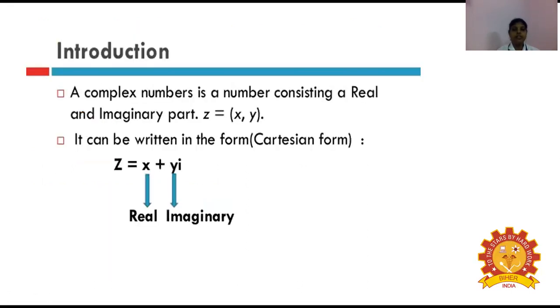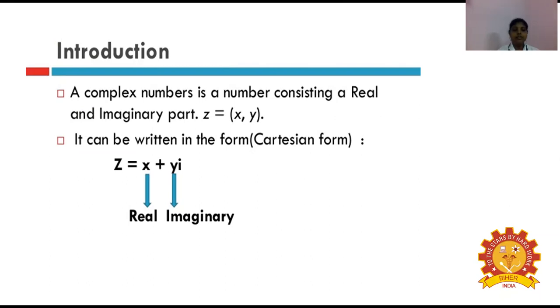First, we see introduction of complex numbers. A complex number is a number consisting of a real and imaginary part. Z equal to (X, Y). It can be written in the Cartesian form, Z equal to X plus iY.